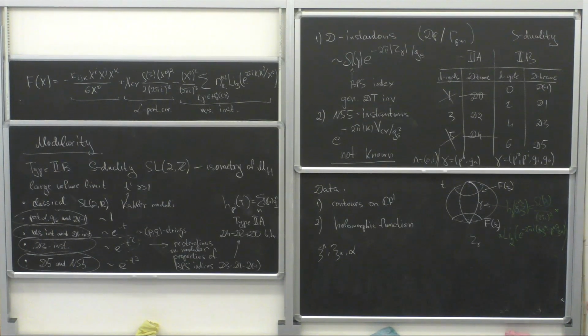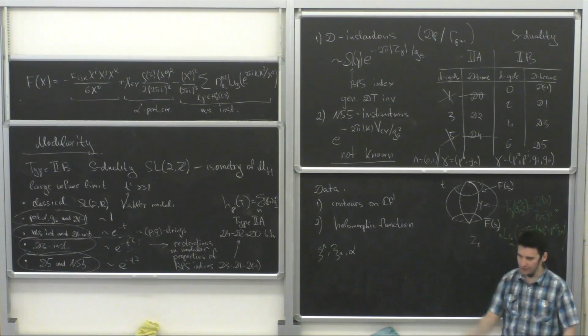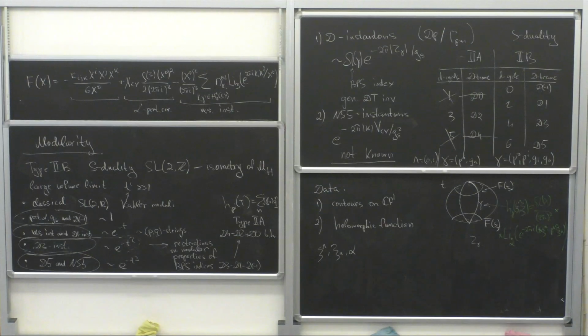My claim is that just from this function, one can derive the whole D-instanton corrected metric, which is a huge metric, but it just follows from this simple function.